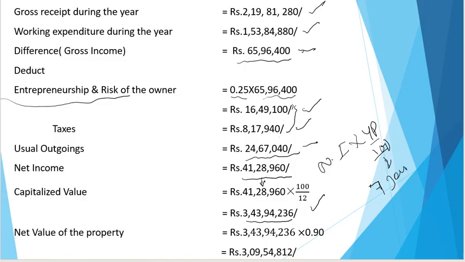So due to joint ownership, he has asked you to deduct 10%, means 90% will be the value. So 90% of 3 crore 43 lakh 94,236. So the net value of the property is 3 crore 9 lakh 54,812. So this is all about the profit method.